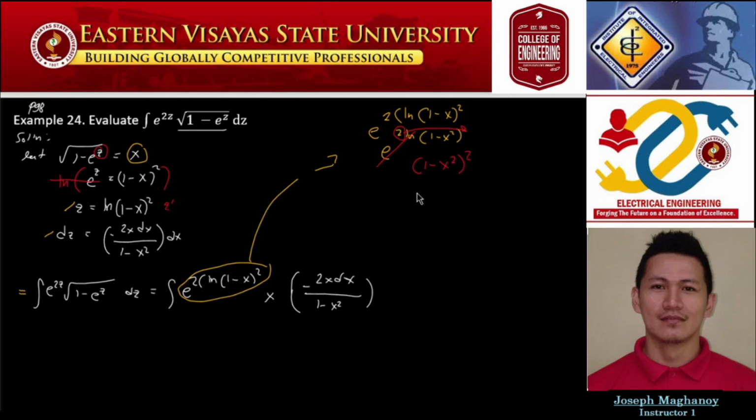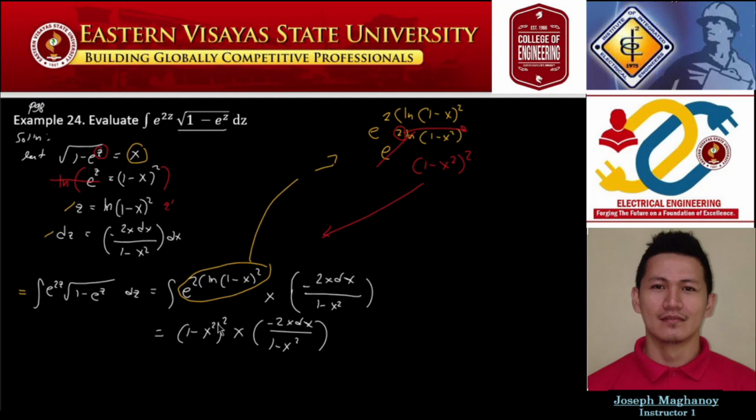So we bring it back to our function. That will be quantity 1 minus x squared, squared, times negative 2x dx over 1 minus x squared.